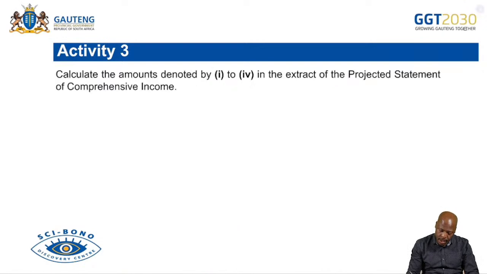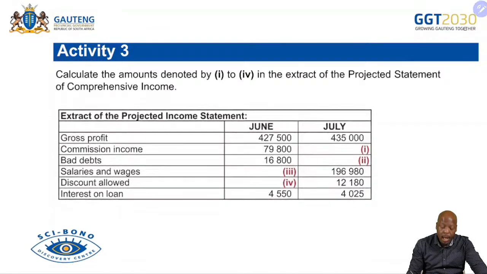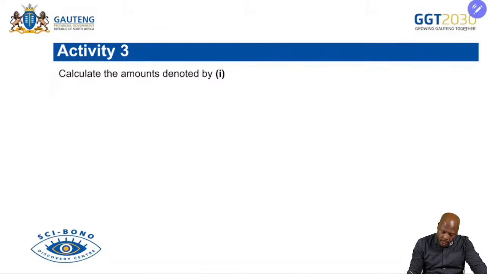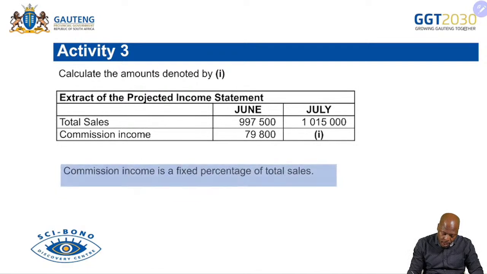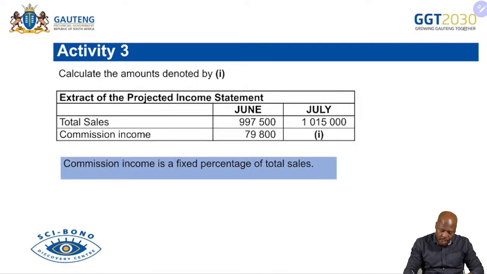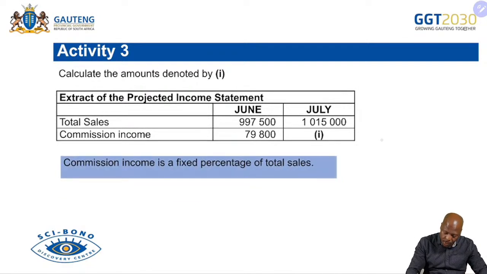There it is. The next aspect, calculate the amounts denoted by 1 to 4. Okay, I'm going to be slightly quicker here. Number 1, commission income. On my commission income, I am given information. Commission is at a fixed charge, a percentage of total sales. So I need to know that percentage. So I'm going to say 79,800. I'm going to divide it by 997,500.